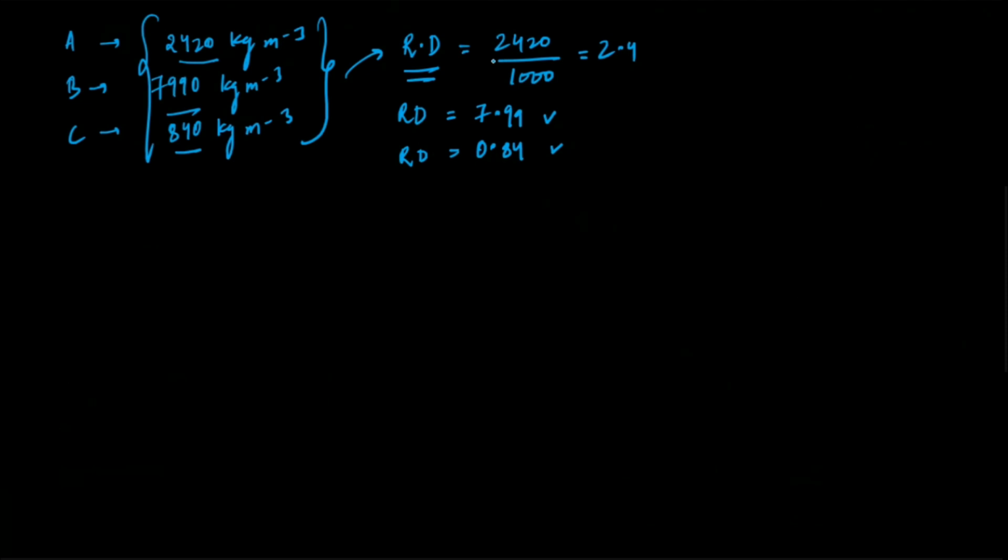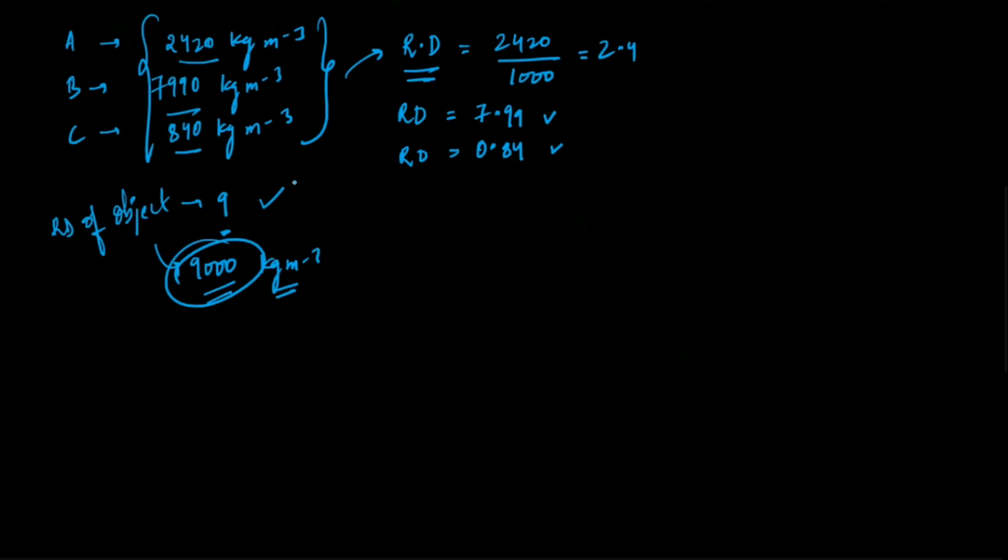So it's just an idea. In the question it says that relative density of our object is 9, that RD of object is 9. What does it mean? It means that the density of object is 9,000 kilogram per meter cube. Instead of writing 9,000, we just write RD of object is 9.